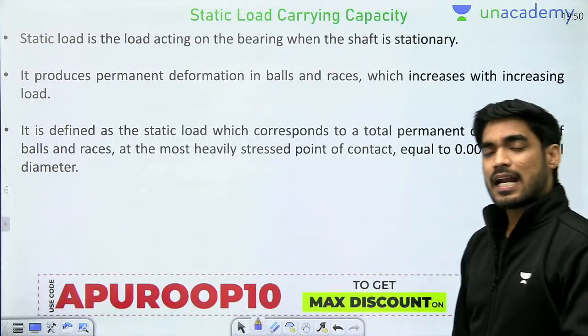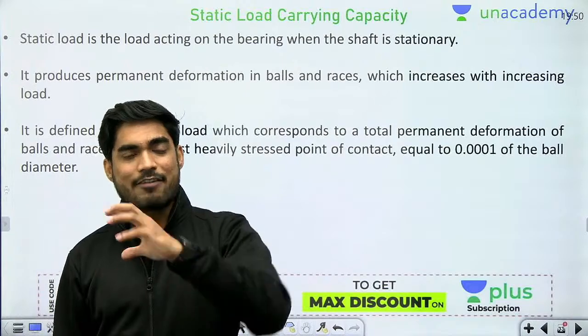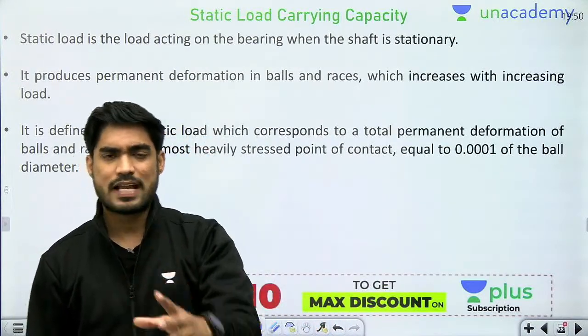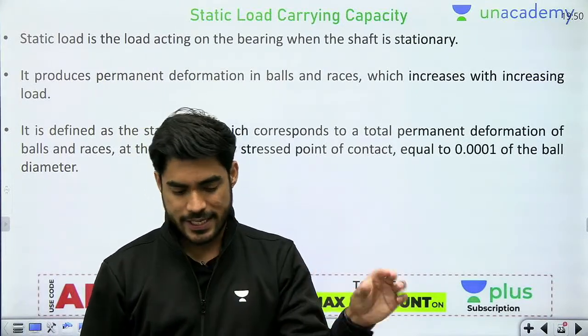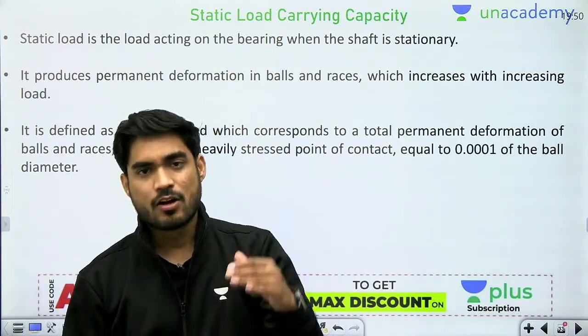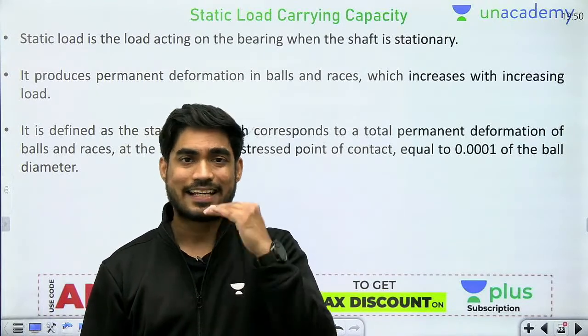Now understand, there are two types of loads acting on the shaft. When the shaft is stationary, the load acting on the shaft is known as static load. What will be the static load? When the shaft is stationary, it is not moving, whatever load is acting on the shaft will be known as static load.